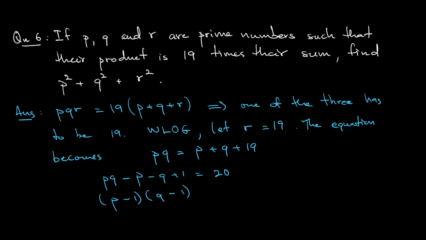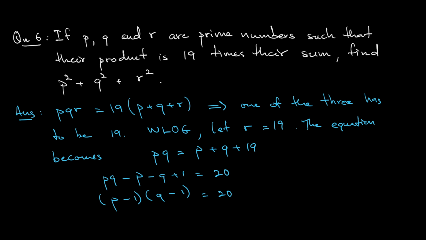So the trick here is because we know that P and Q are integers, so try to factorize it, because factorization would help you distinguish what the next step should be. Alright. So here it is equal to 20. What do I mean by the next step?